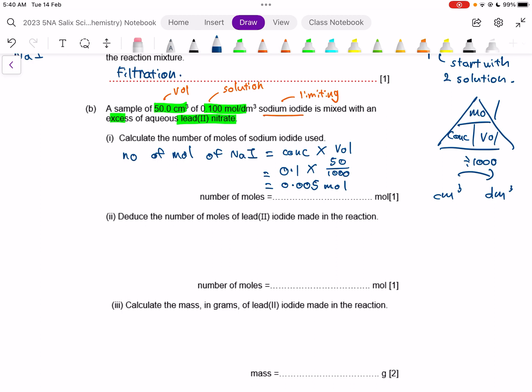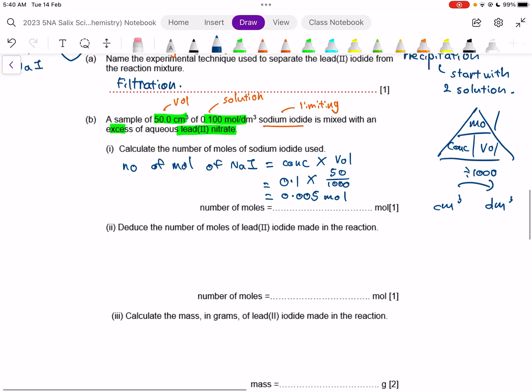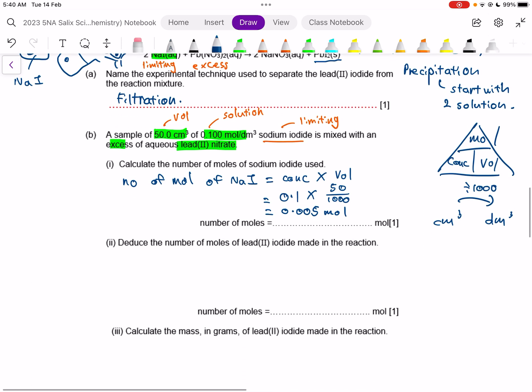Next thing you are required to deduce is the number of moles of your lead(II) iodide made in the reaction. So let's take a look at this lead(II) iodide. You must use the limiting to find out.